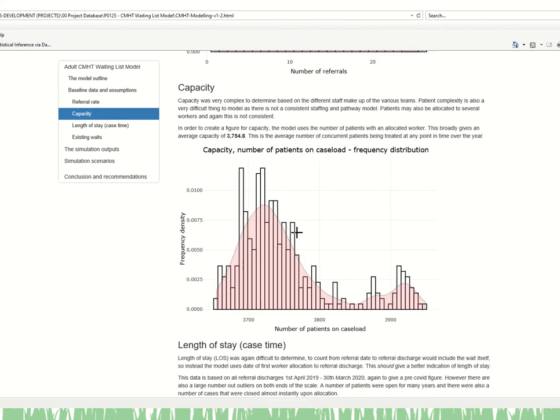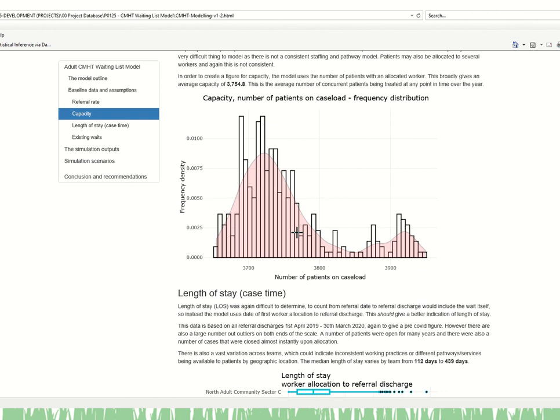What was really difficult to understand was trying to calculate capacity available within a system. So rather than looking down at individual workers and FTEs and how much capacity each individual worker has got, I just tried to look at it as a system. We have patients on caseload, and if they're quite complex, they might be on several different clinicians' caseloads.